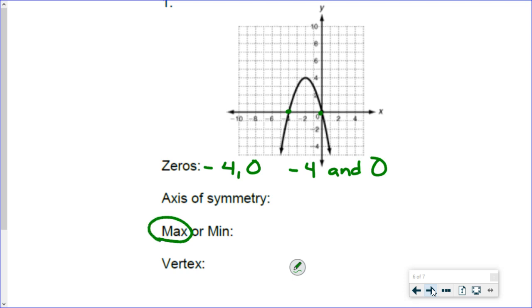I'm going out of order because it's a high point. That high point is at -2. Do you see if I were to draw an axis here? So my vertex is at -2, 4. So far, so good.